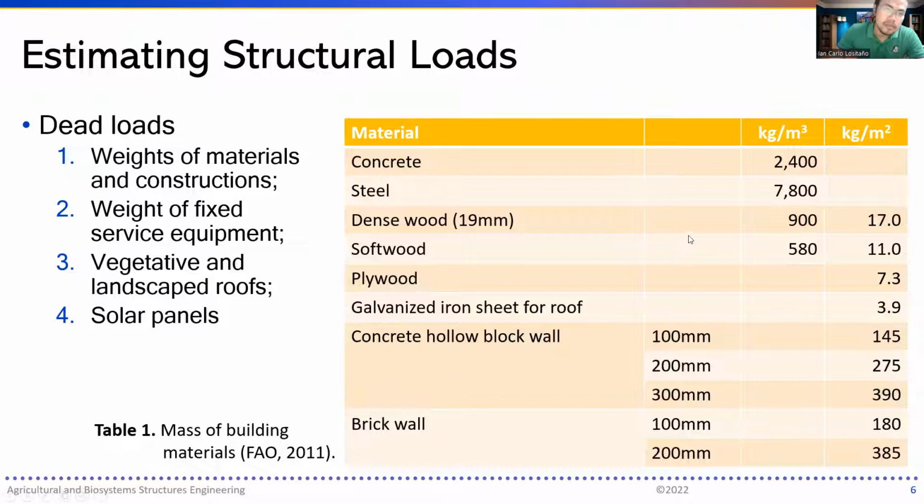Now there are specified weights for these materials, and this could be determined easily by mere arithmetic: quantity times the weight, so you get the total weight based, for example, on the density of the material.